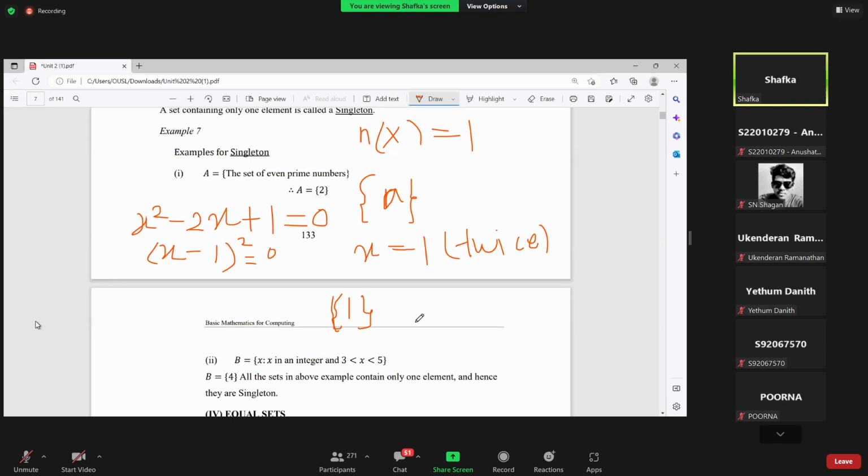Any other answer? Same elements. Number of elements should be equal.